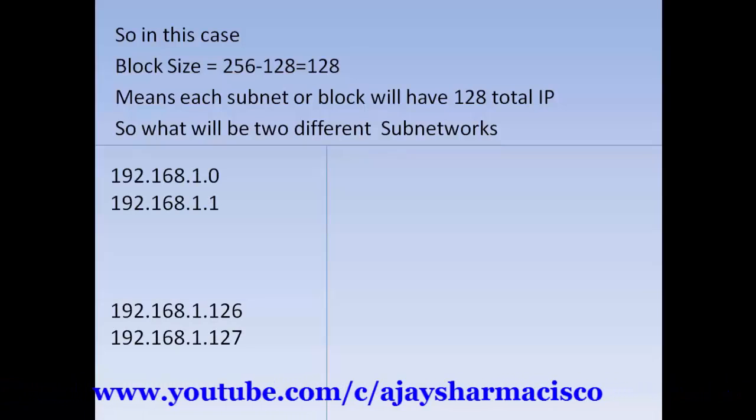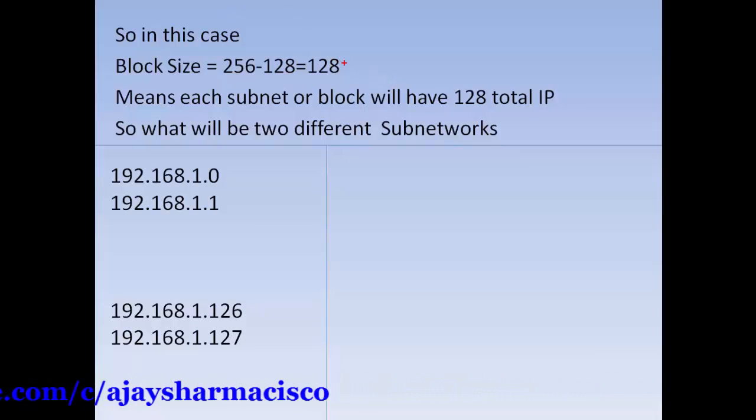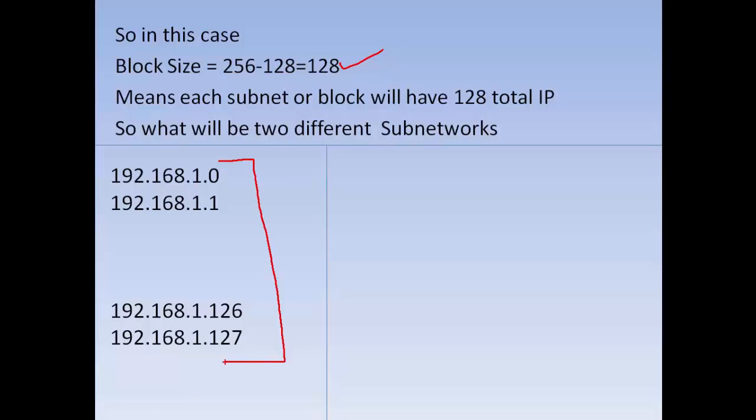As I told you, in each block there can be a maximum of 128 IPs. You can see here 0 to 127, which makes 128. In this case 0 will be the network ID, 127 will be the broadcast IP, and the addresses in between are the valid IPs that I can configure on a device.